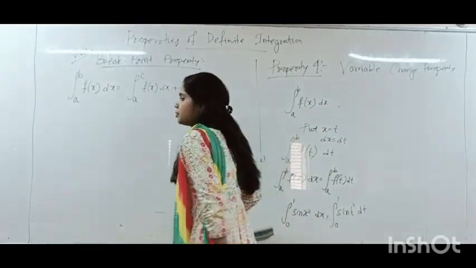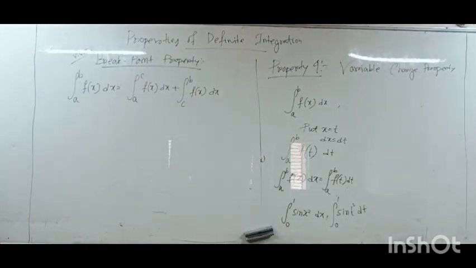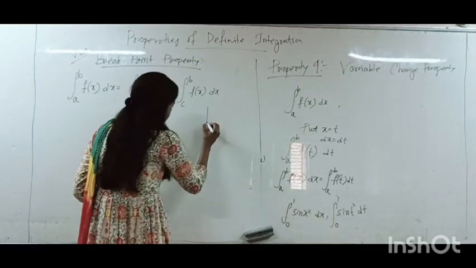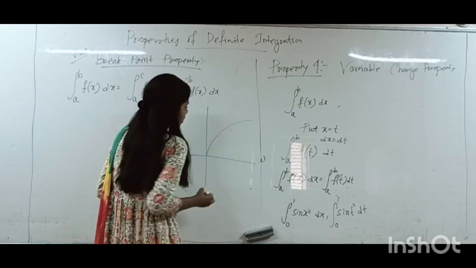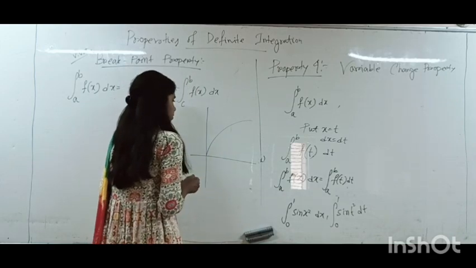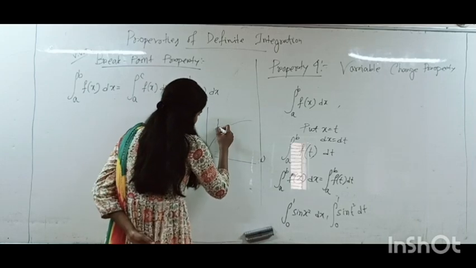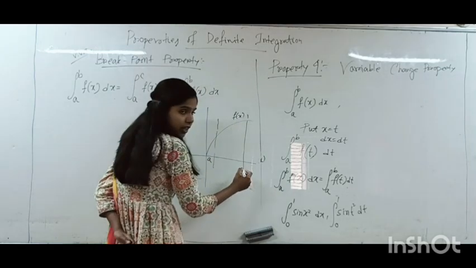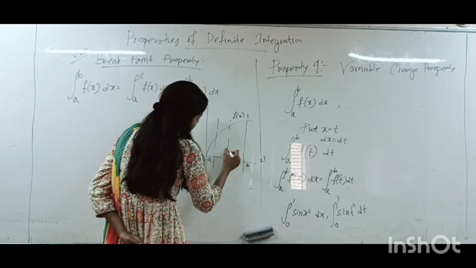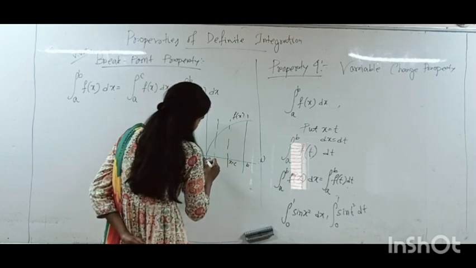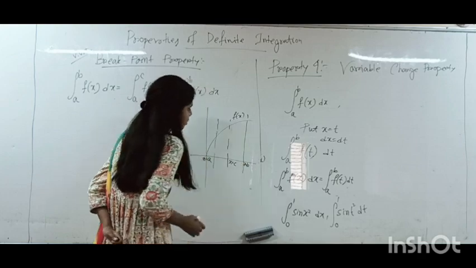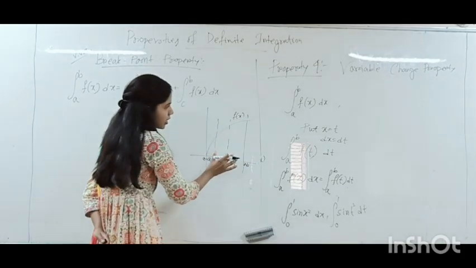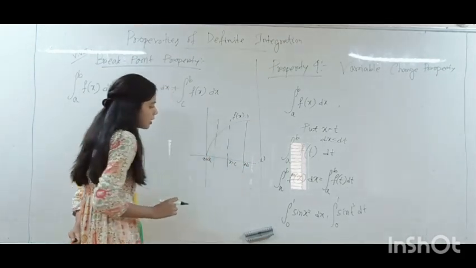You can see this from a graph. There is a function f(x). This is x equal to a, this is x equal to b, and there is a line x equal to c. Now we have to get this area, integration a to b f(x) dx.